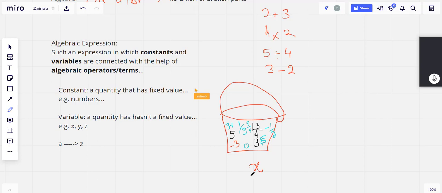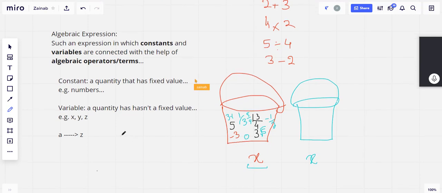And x is still the same x. Like this is the bucket, let's just empty the bucket and put some more numbers into it. So now it's the same x, but this time it will have different values. So that's the concept of a variable: a quantity that has no fixed value and it changes.